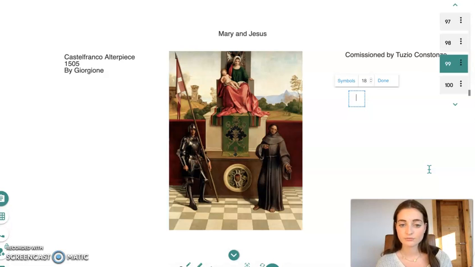And the reason Mary's in red and green also is symbolic by Giorgione of some values. So green is typically associated with fertility. White is associated with purity, which highlights the virgin birth and Mary as pure.